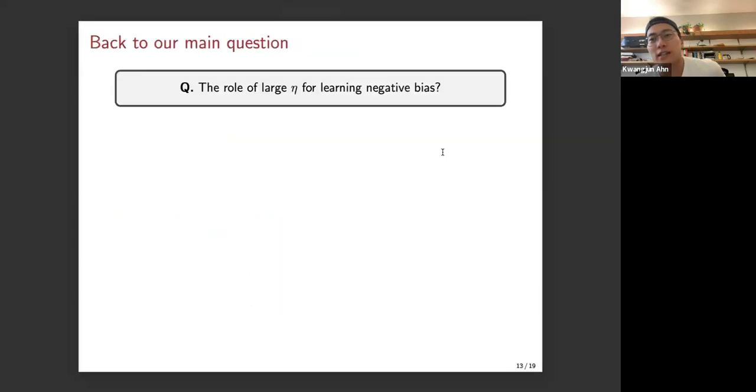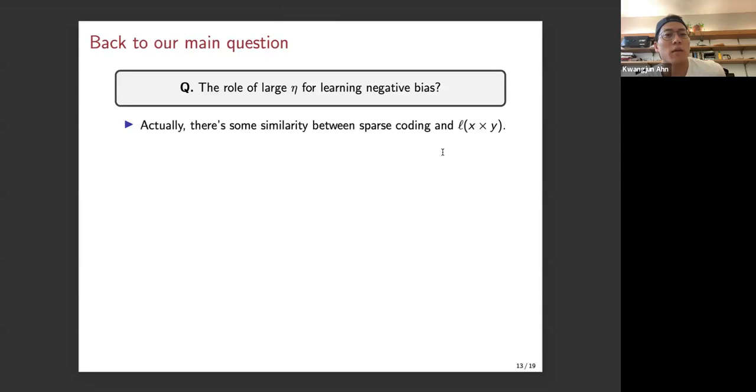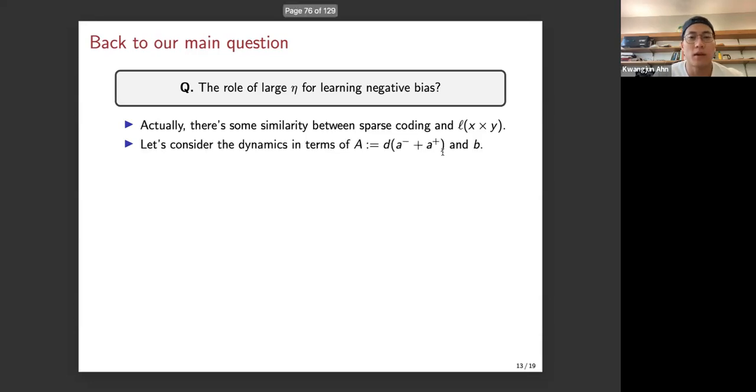Okay, so let's get back to our original question. Now we have some understanding of edge of stability. Then how are we going to answer this original sparse coding problem based on this L of xy? It turns out L of xy is in fact all we need to understand the sparse coding problem.